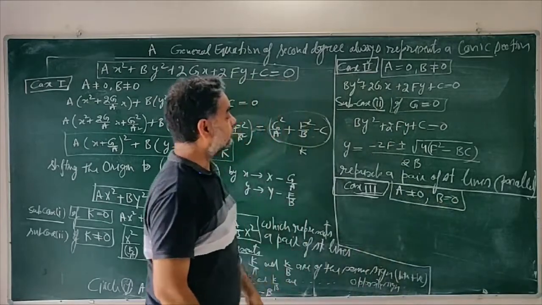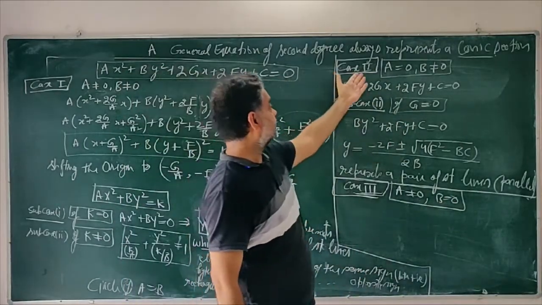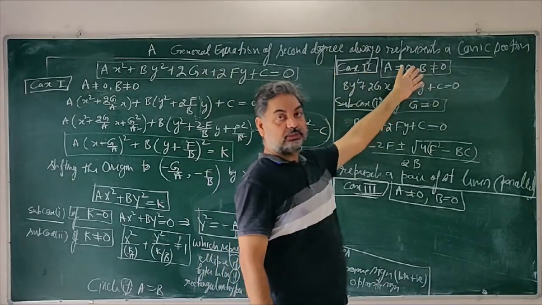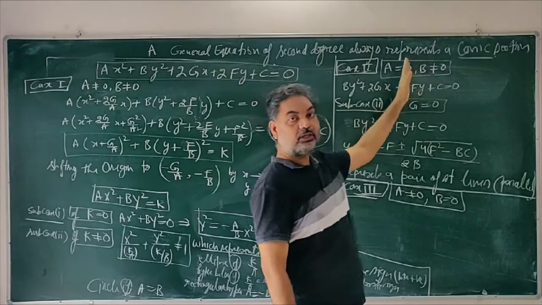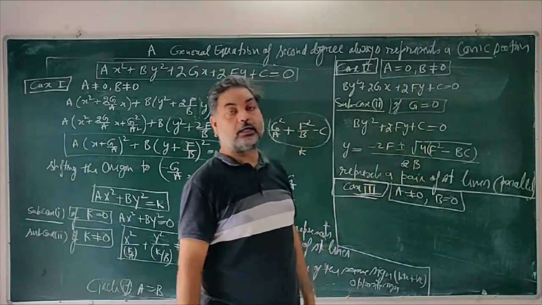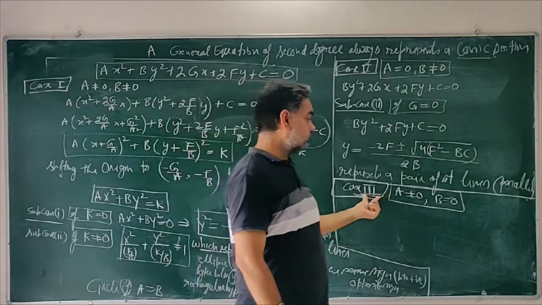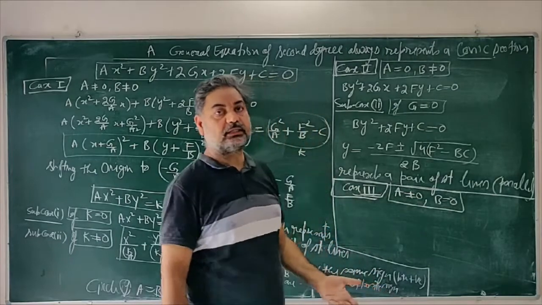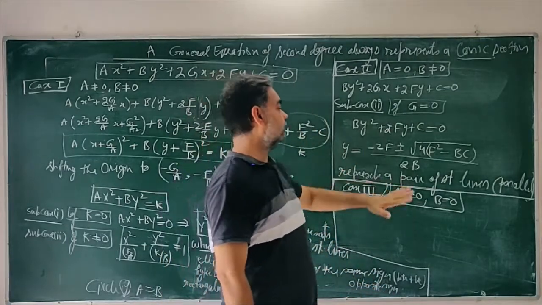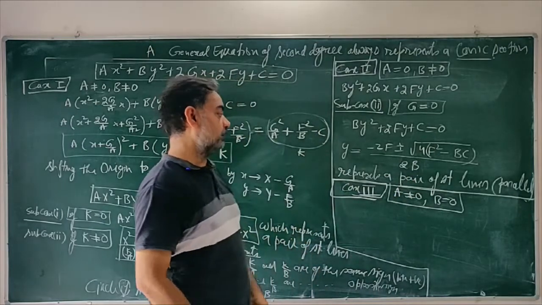If A is zero and B is non-zero, the way we have discussed that case, then also we get the equation of a conic section. Similarly, we can discuss case 3 when A is non-zero and B is 0. In that case, it can be discussed similarly. Again, we will have either a pair of parallel lines or a parabola.